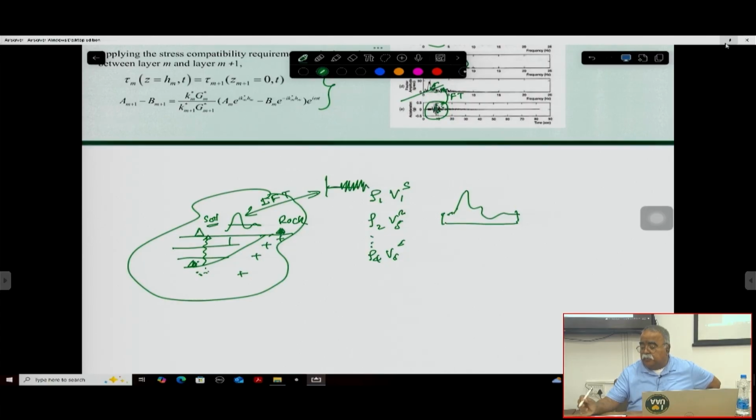So, as I told you last time, commonly we do a stochastic simulation to create an earthquake at the bottom of the ground and take this SHAKE program to compute it to the surface, and that will be the surface features at that point.